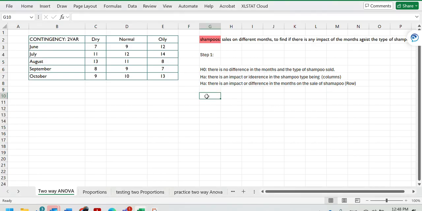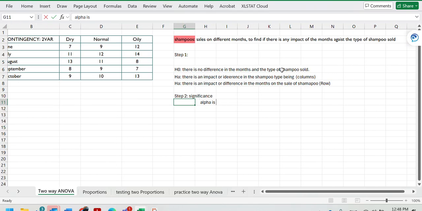So then we go to the next step. What is the next step? It's always about significance level. Step 2 is about significance. Alpha is normally given in the question.